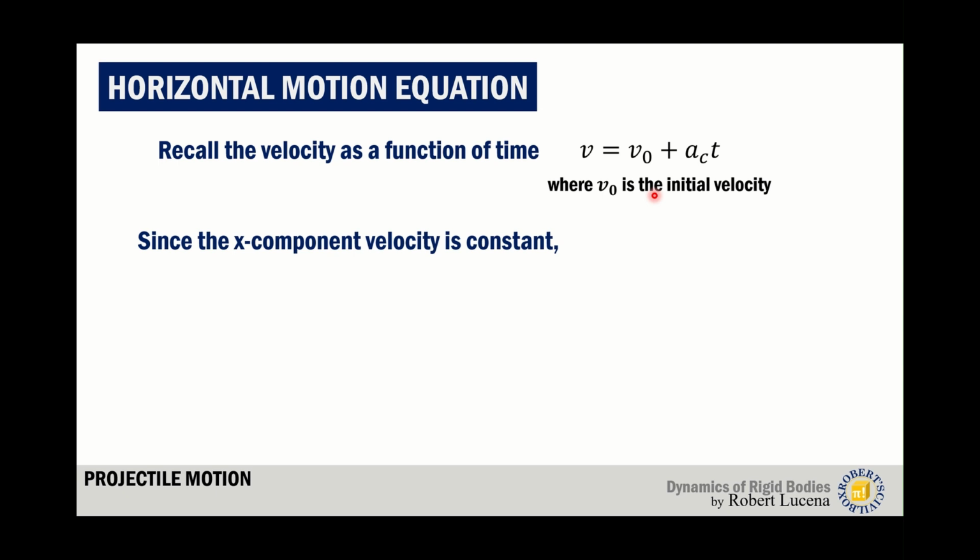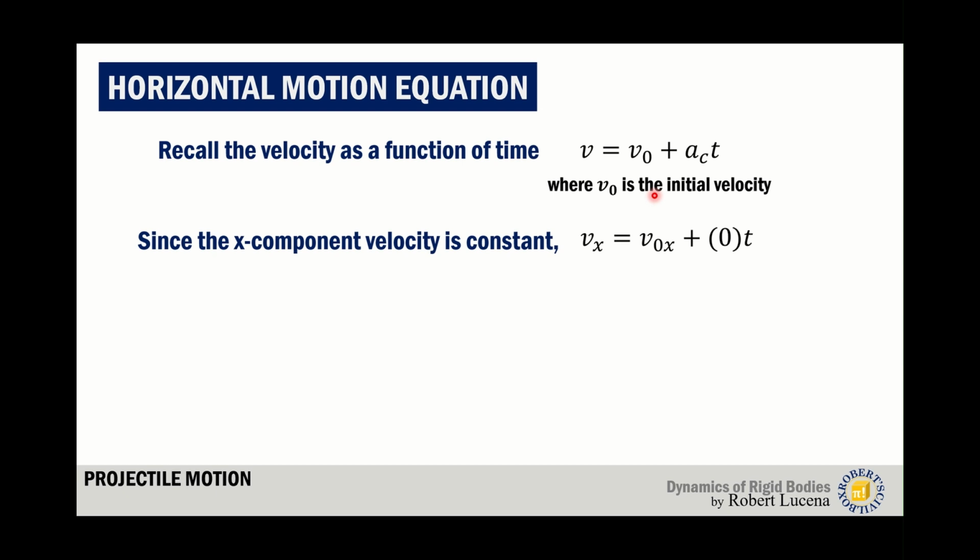Since the x component is constant and is not influenced by the acceleration, take note that the acceleration is a vector quantity that is acting vertically downward. So it has no x component. If this acceleration vector has no x component, definitely it won't affect the x component of the velocity of the particle at all, because the acceleration is influencing the velocity only on the y-axis.